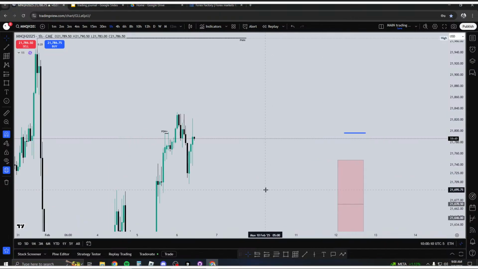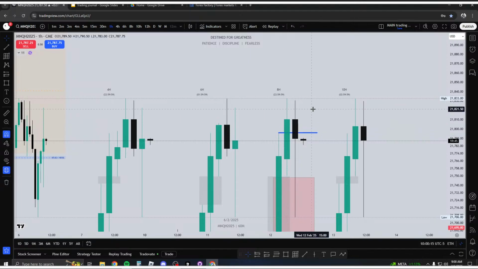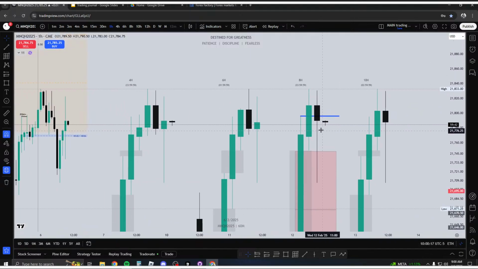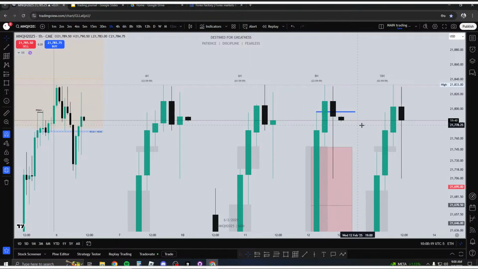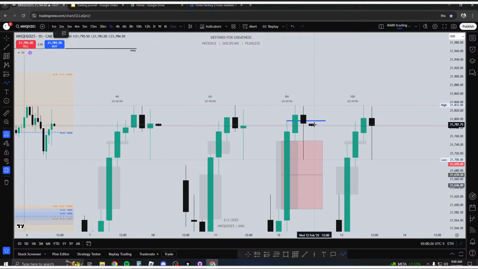Alright, so we did indeed close below that blue line. So what am I anticipating now? This 8-hour inefficiency here, I want to see prices trade back into it. I want to see us rebalance this inefficiency once more.